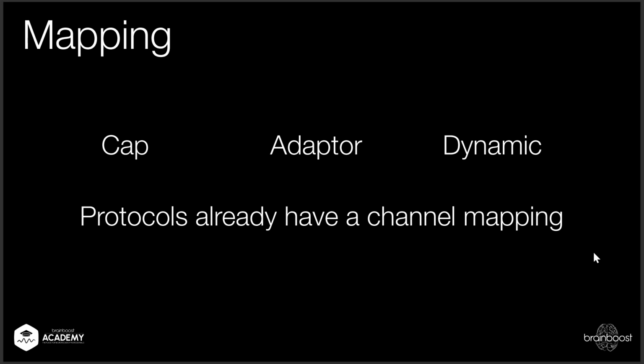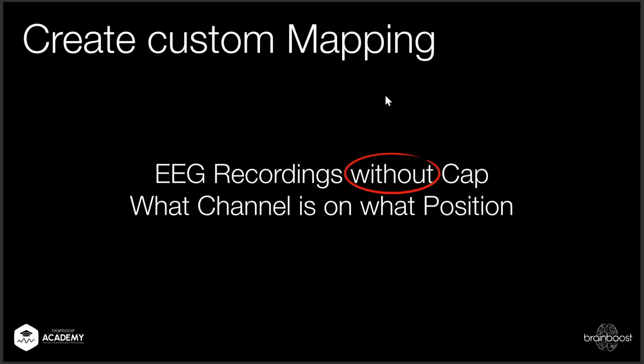If you use protocols, they already tell you channel 1 on the adapter will be C3, whatever. If you create a custom mapping, this is for EEG recordings without a cap. So this is not really in the protocol creation area, but it gets asked many, many times. It says what channel is on what position if you don't use a cap.